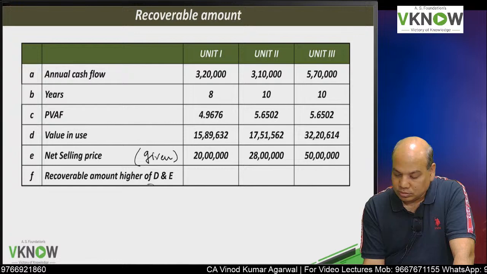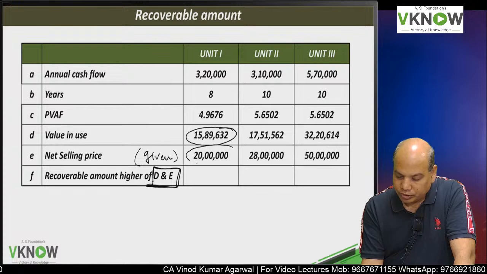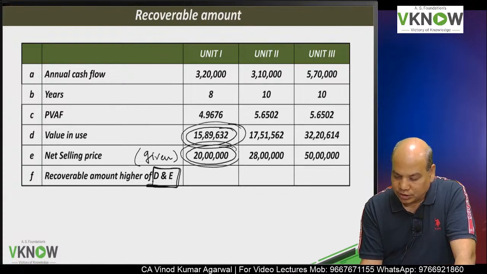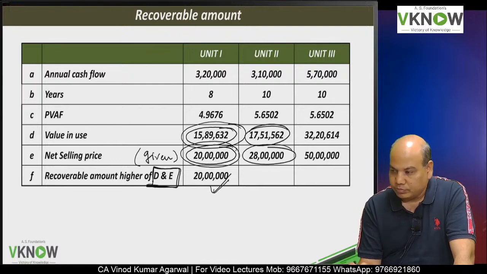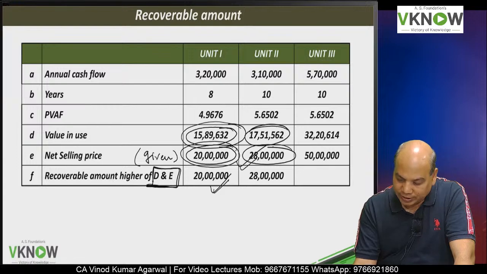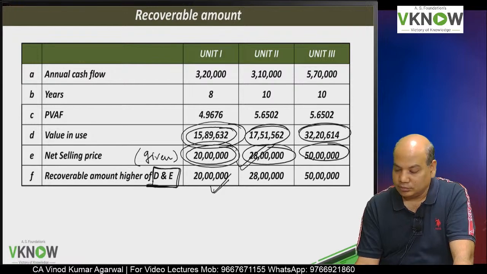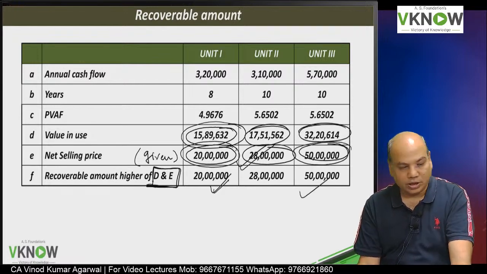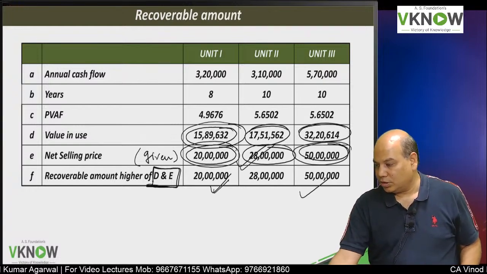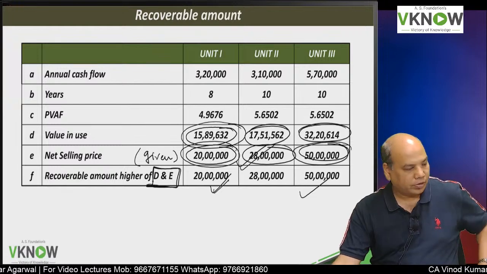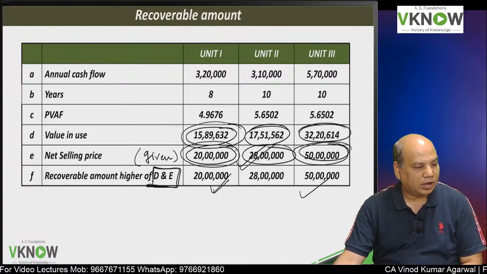Recoverable amount will be the higher of the two. Value in use, net selling price, which is higher? First column, 20 lakh is higher. Unit 2, which is higher? 28 lakh is higher. Next column unit 3, which is higher? 50 lakh is higher. Okay, check it.